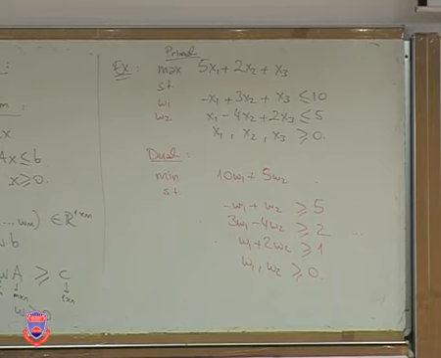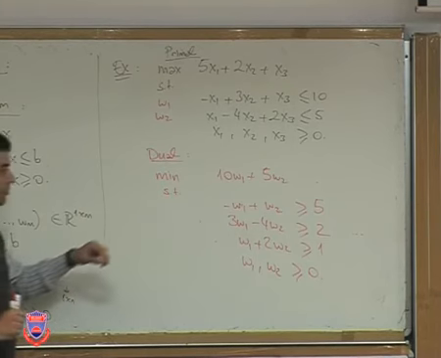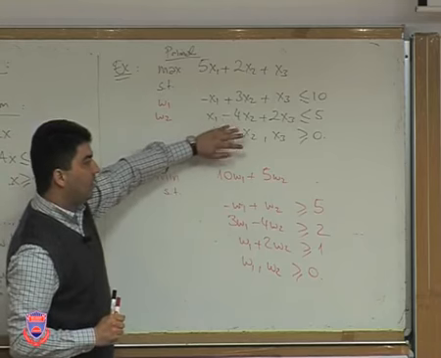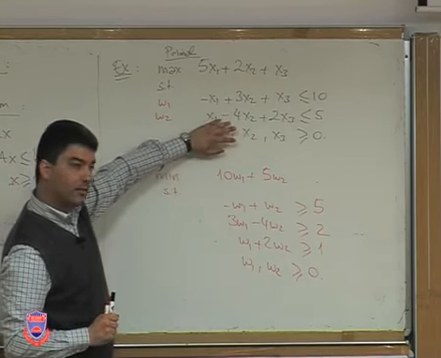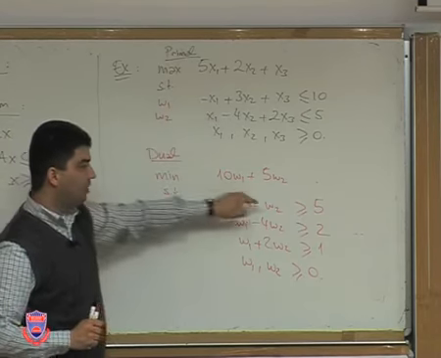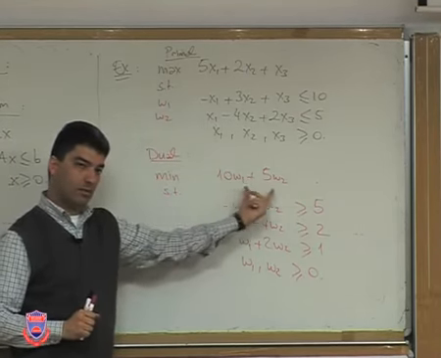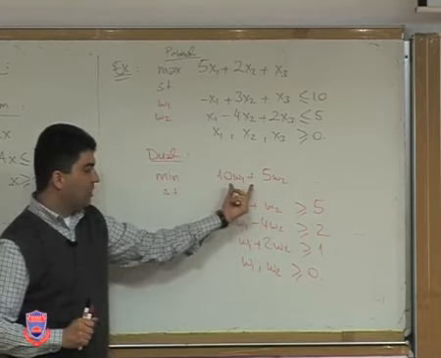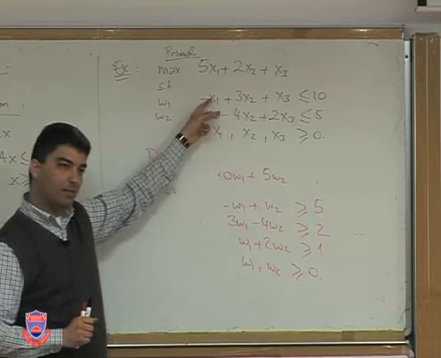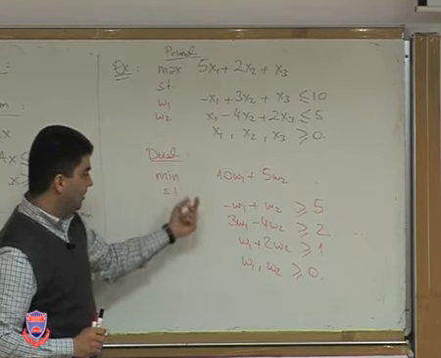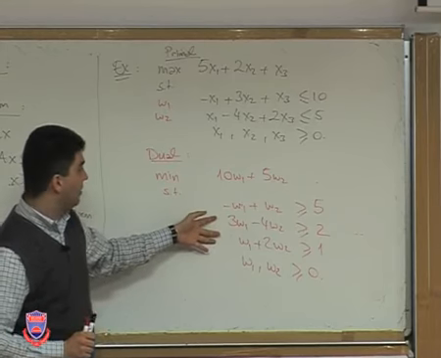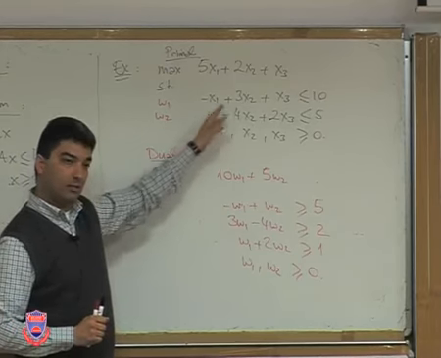One thing you should pay attention to is the following. If you exclude the non-negativity constraints, we have two constraints for the primal problem, which means that we have two variables for the dual problem. This shouldn't be surprising because I'm defining a multiplier for each constraint of the primal problem. Secondly, the number of constraints in the dual problem is equal to 3, and the number of variables here is equal to 3.